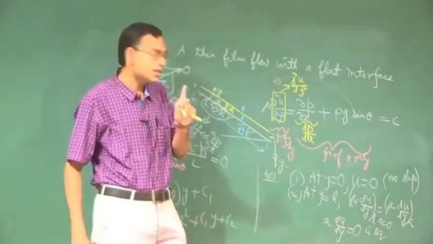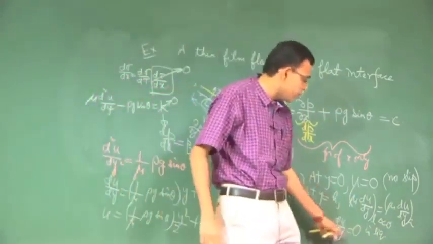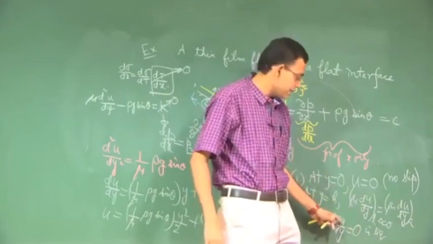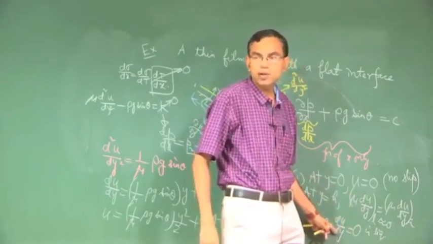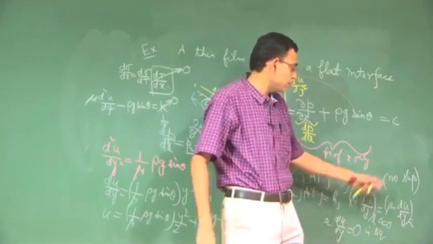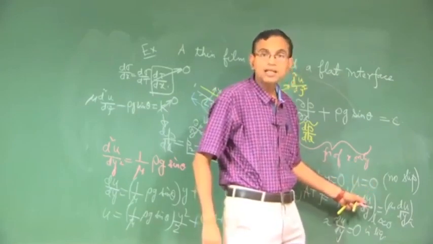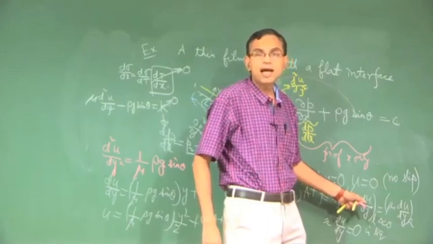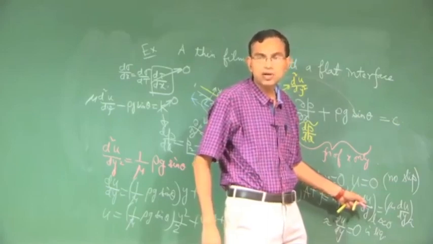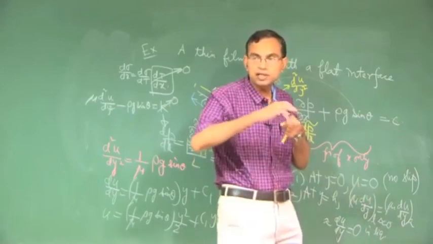Here you have to give a caution to your students. In most books this is given as a straightforward boundary condition without allowing the students to go through this exercise, and therefore the students in that case do not understand or do not learn the correct boundary condition at the interface.